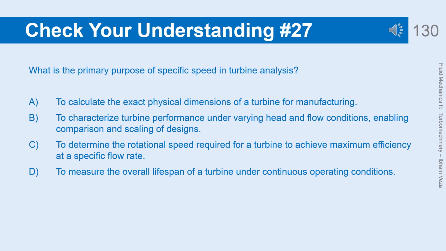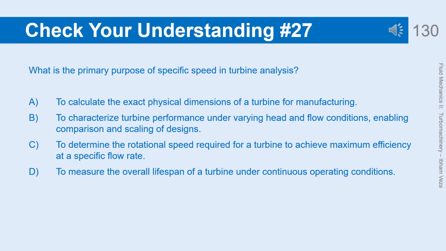Correct answer: B. To characterize turbine performance under varying head and flow conditions, enabling comparison and scaling of designs. Explanation of incorrect options. Option A. Specific speed is a dimensionless parameter used for performance characterization, not for determining physical dimensions of a turbine.